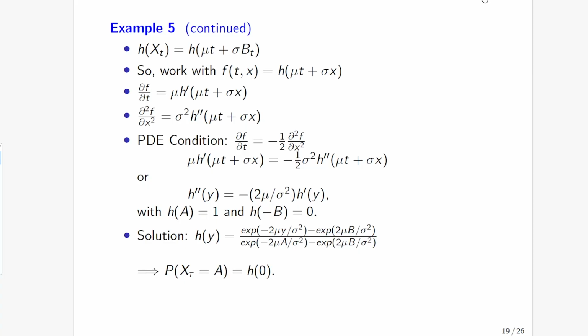So the derivative of the log of h prime is a constant. The solution to that is a linear function. And so we then end up being able to solve for little h of y equaling this formula. So this is the solution to this problem.